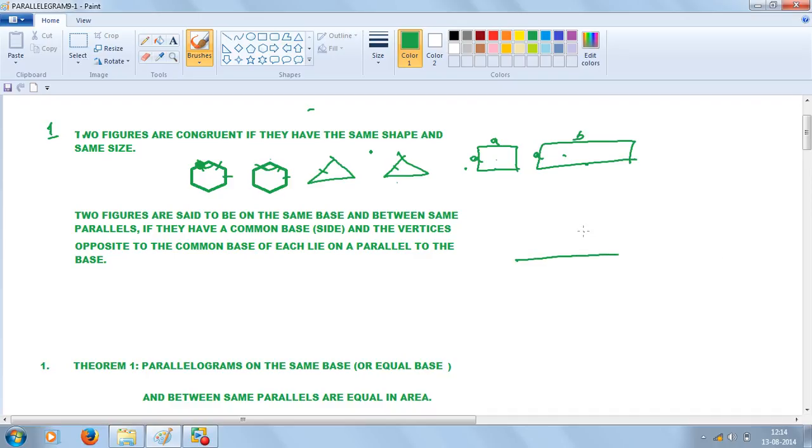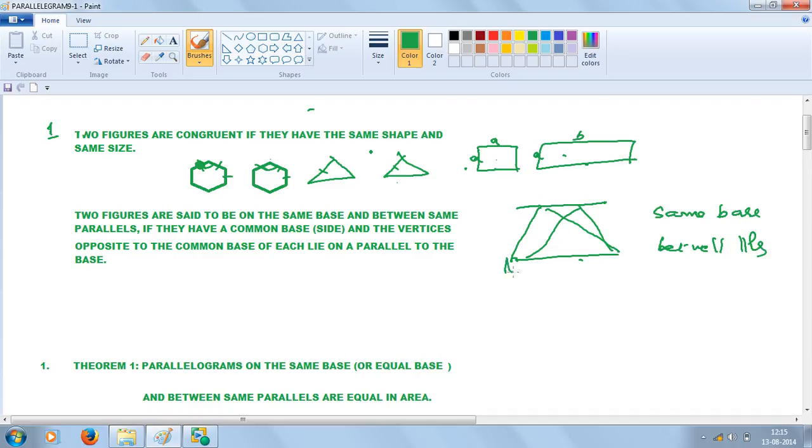Suppose we take a triangle, and another triangle here with the same base, and the vertices lie on a line parallel to the base. We call it the same base and between parallels.